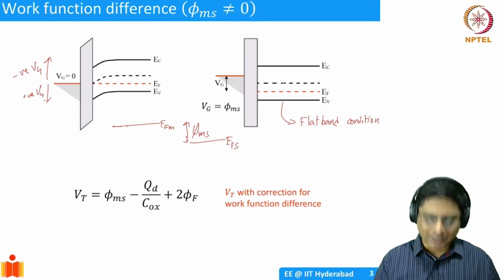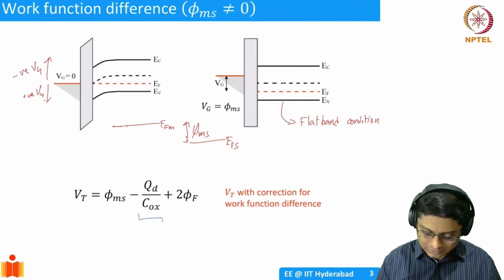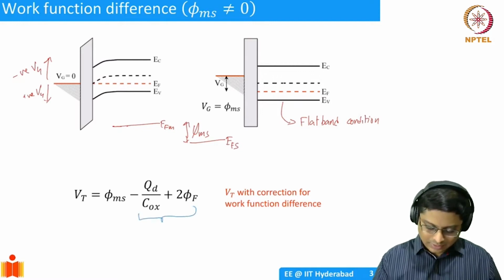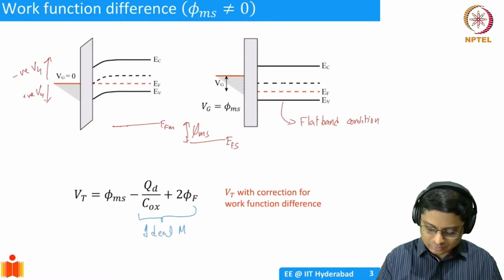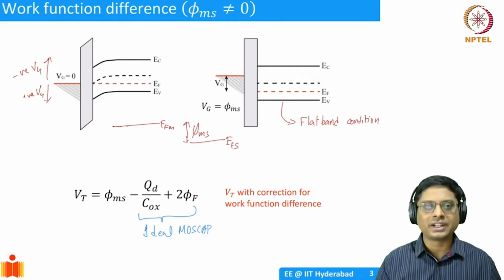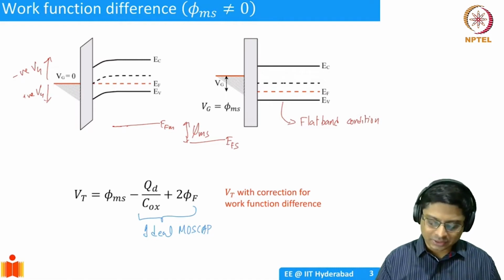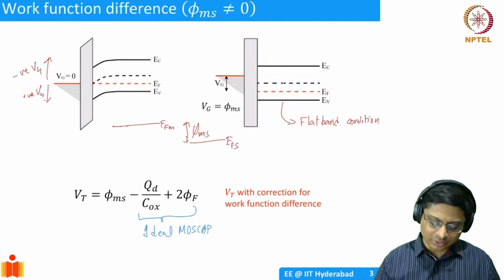That is why we considered this last week, where we showed the threshold voltage for an ideal MOS capacitor. Why is it a threshold voltage? We derived a relation between Vg and phi s, and said that when the surface potential is equal to 2 times phi f, that is the threshold voltage.